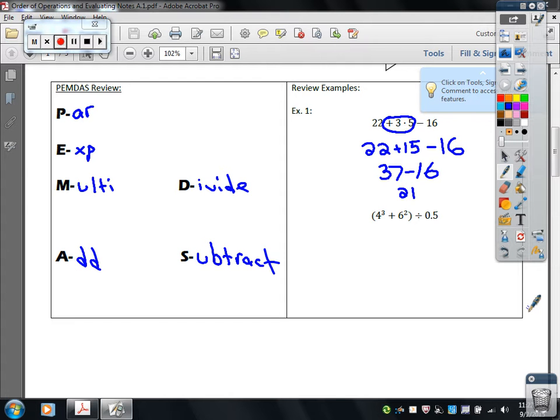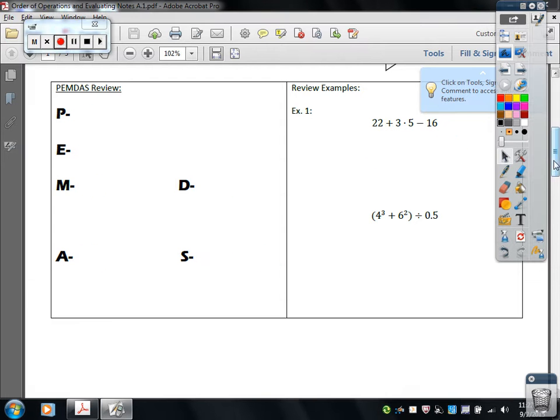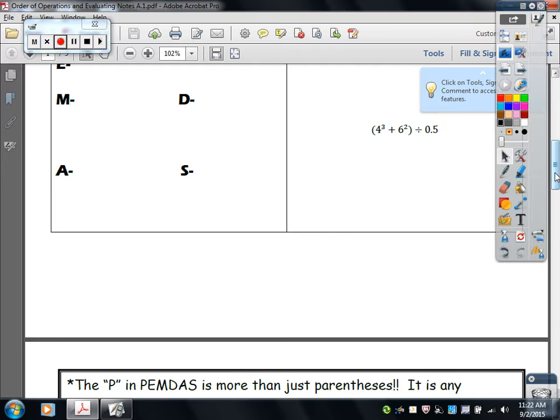All right. The next one says what? 4 to the third power plus 6 to the second, and then that whole thing divided by 0.5. What's the first thing I do? Yep, I do 4 to the third power. Now use your calculator and do 4 to the third power.